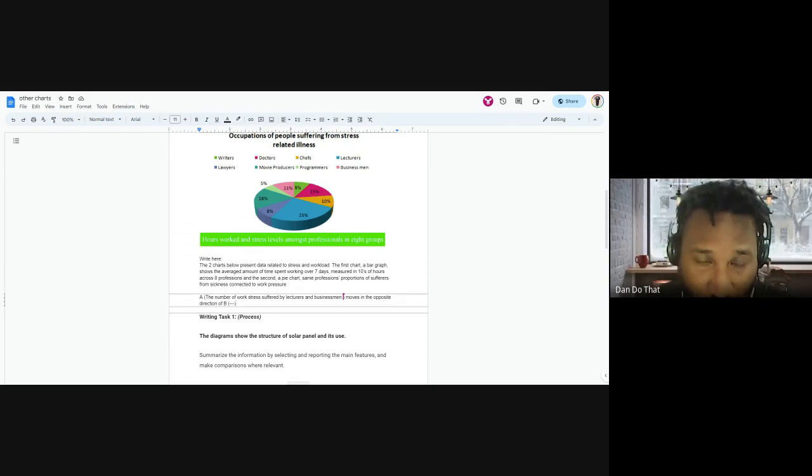So A is chart 1. It's about working time. How many hours do they work every week? B is about working stress. How much stress do they have when they work?